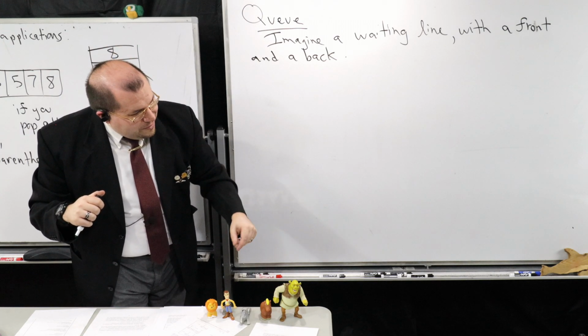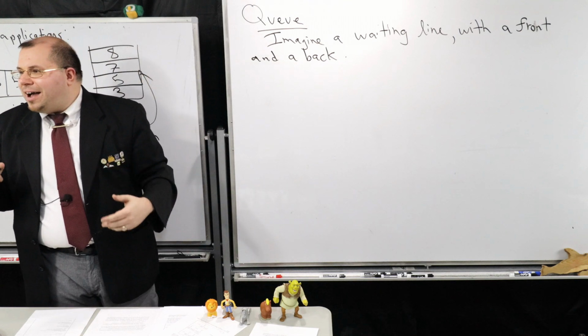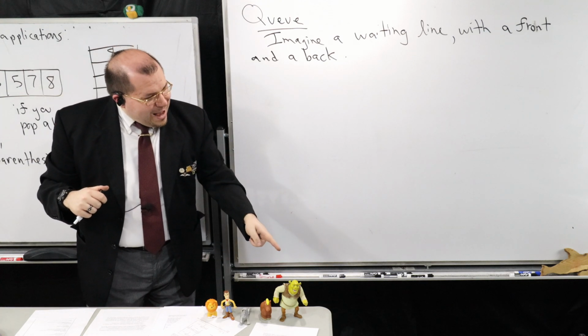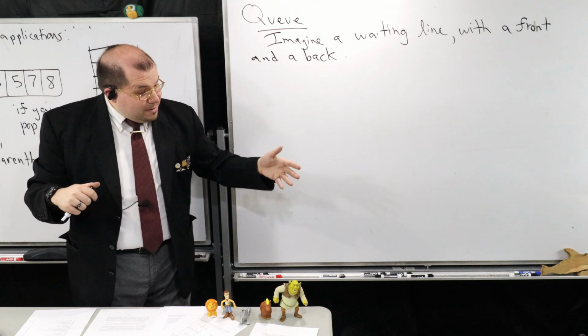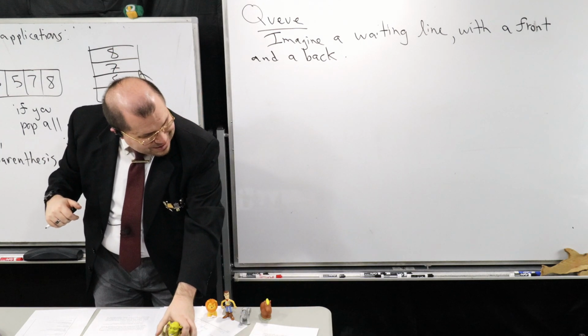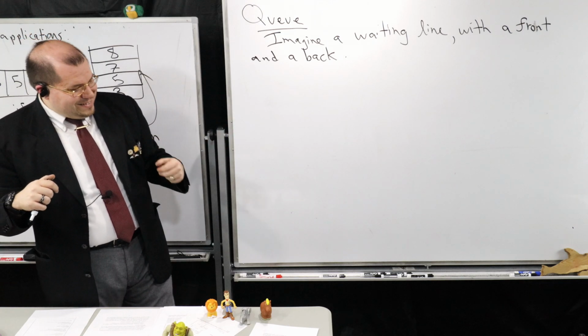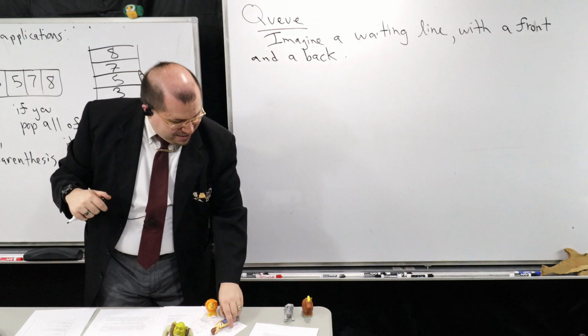Since my lovely green friend is at the front of the line, what will happen is when my lovely green friend is done getting served, my lovely green friend leaves the line with the favorite drink. So the next person would be this lovely horse here.